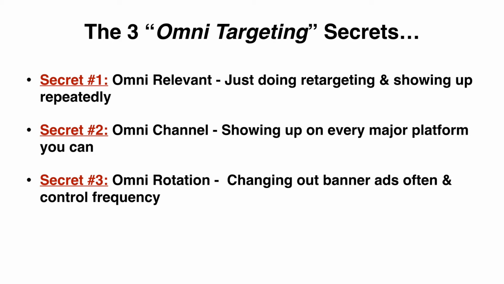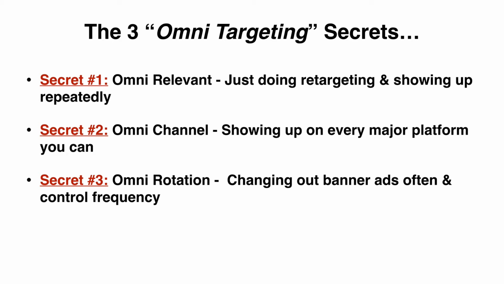So again, secret number 1 is being omni-relevant, just doing retargeting and showing up repeatedly. Secret number 2 is about being omni-channel, showing up on all the major platforms like YouTube, Instagram and Facebook, and display networks like Google Display Network and Traffic Fuel. We want to show up on every major platform that we can.